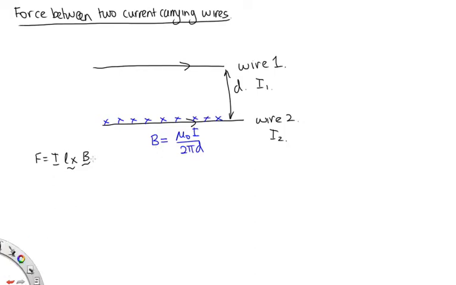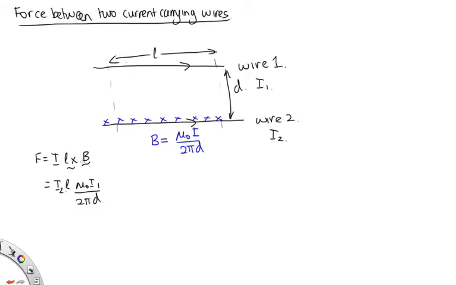So now we can substitute in our values here. This is talking about the current through wire 2, so that's I2. We'll consider a length L of these wires. Now the size of the magnetic field is mu naught I1 over 2 pi d, and the angle between the flow of current and the magnetic field is 90 degrees.